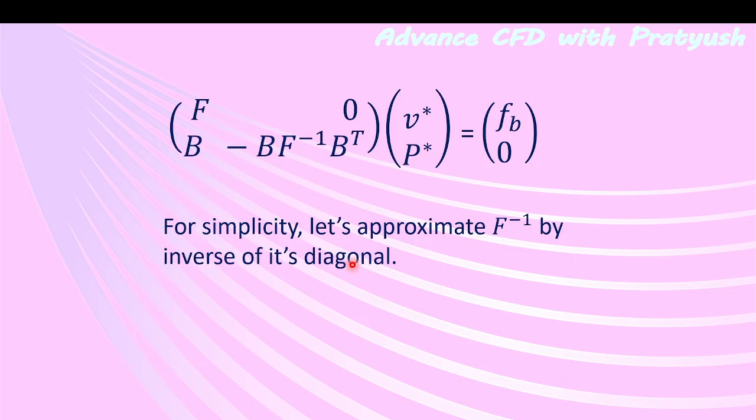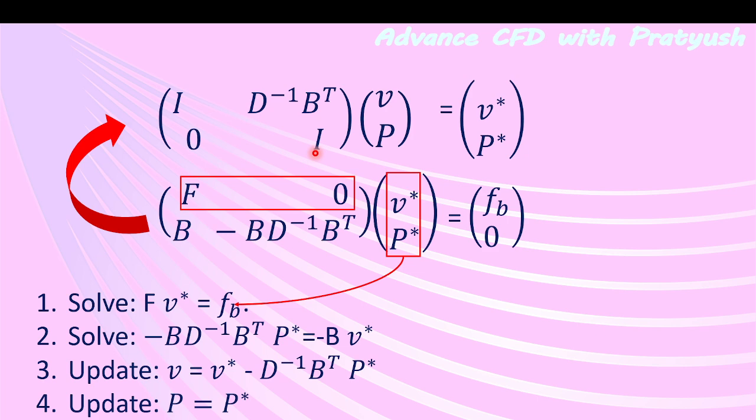Now, for simplicity, what is done here? For simplicity, we take F inverse as a diagonal matrix. There is no real advantage of taking this as a diagonal matrix, but just for simplicity, we take it in simple form as a diagonal matrix. So we can write F inverse as D inverse because we are assuming only a diagonal matrix.